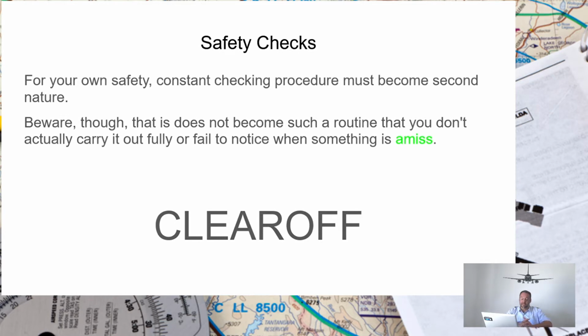You've got to do safety checks. For your own safety, constant checking procedure must become second nature. However, it must not become such a routine that you don't actually carry it out fully or fail to notice when something is amiss.